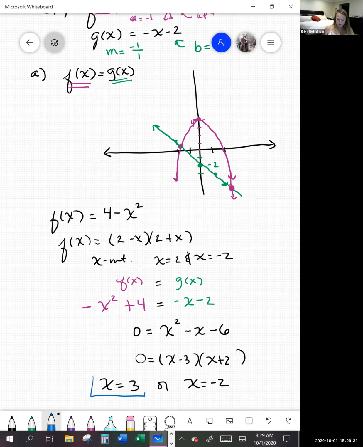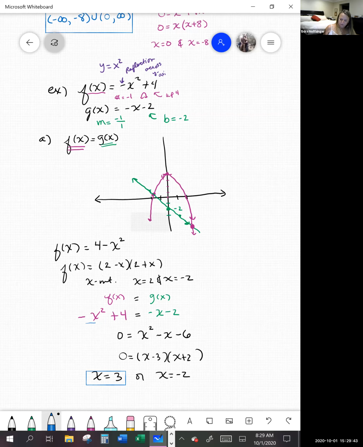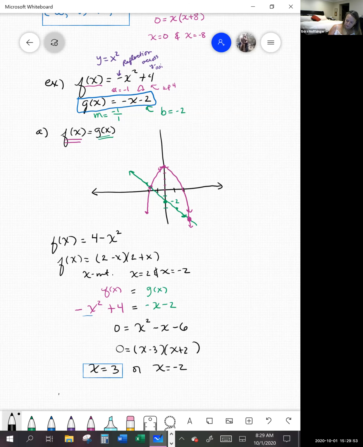So if x is equal to 3, we can either plug it into our f of x, which was this one, or our g of x. It might be easier to do g of x, right? So I got g of 3.